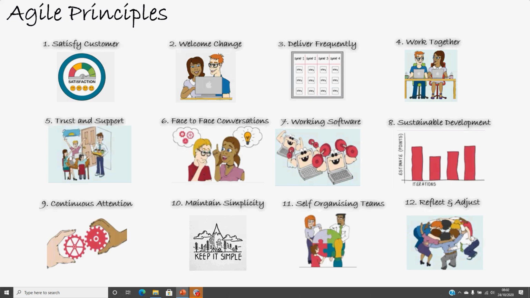Face-to-face conversation. Now, this is very important as well. We started agile implementations with face-to-face. The people were meant to sit in a room. The delivery teams were meant to sit together and do the work together, at least during the key meetings, the key rituals which we will discuss.